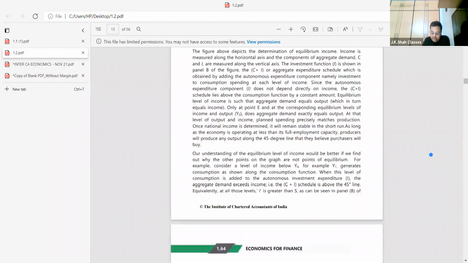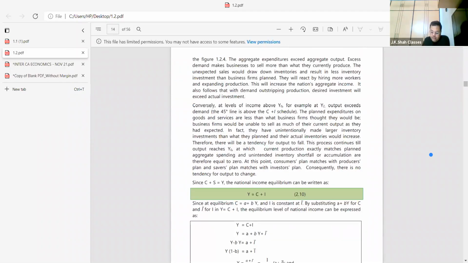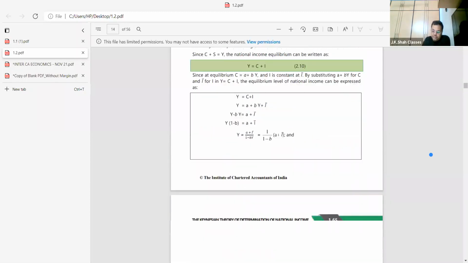I am more interested in the numericals that we should do. Now remember, equilibrium takes place when Y is equal to C plus I. Please remember, the formula for equilibrium is Y is equal to C plus I. What is Y? National income. I is investment. C is consumption.